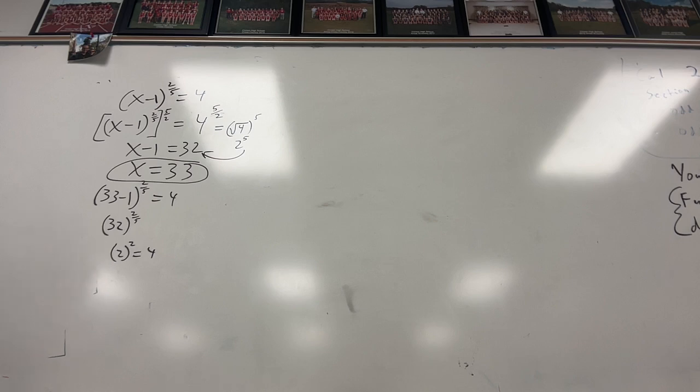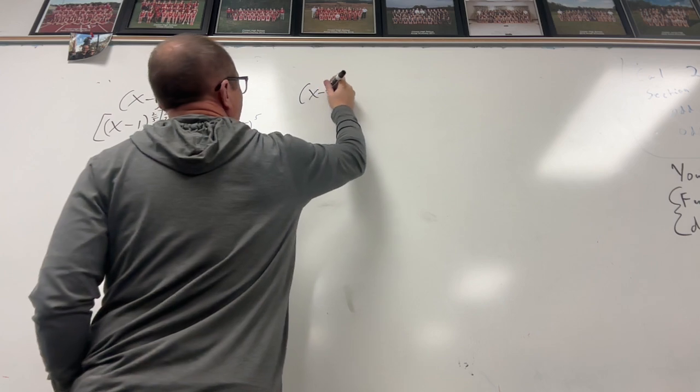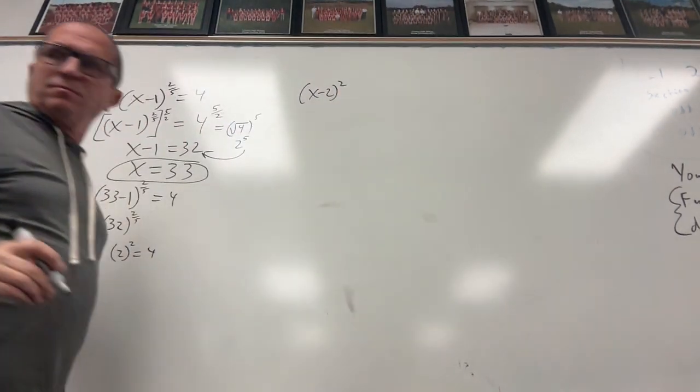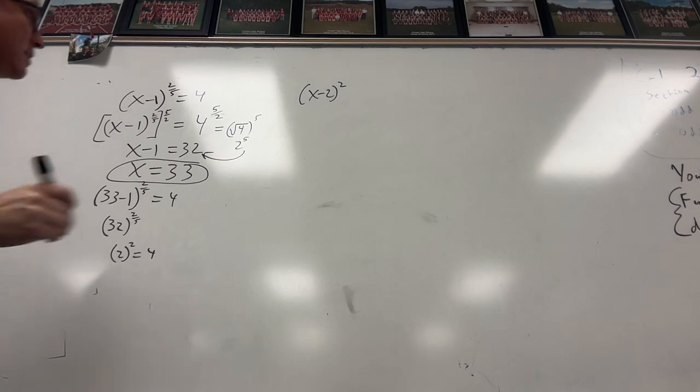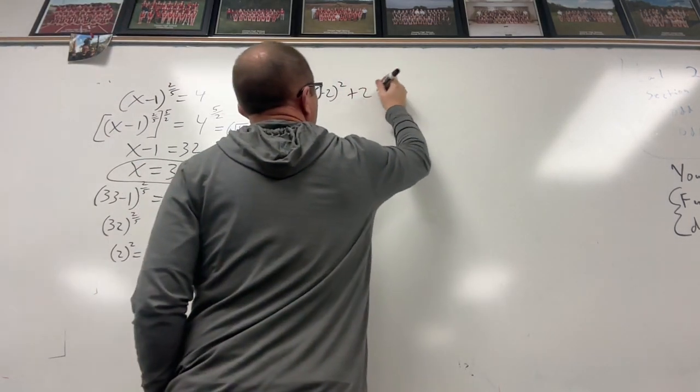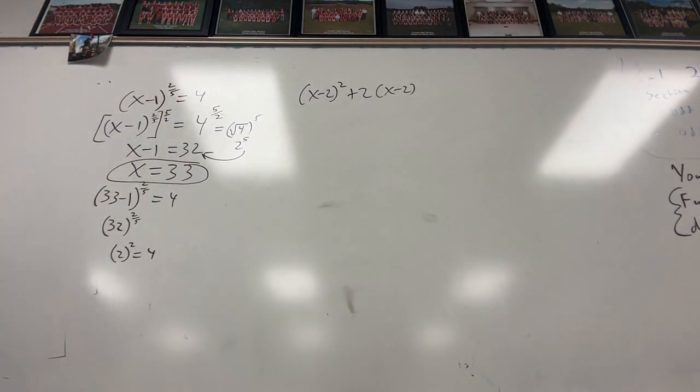Next we have x minus 2 squared plus 2 times x minus 2 minus 15 equals 0.